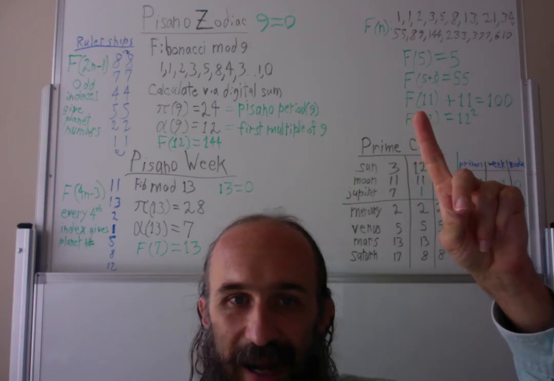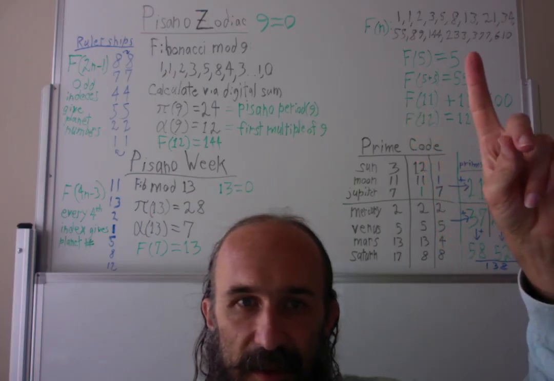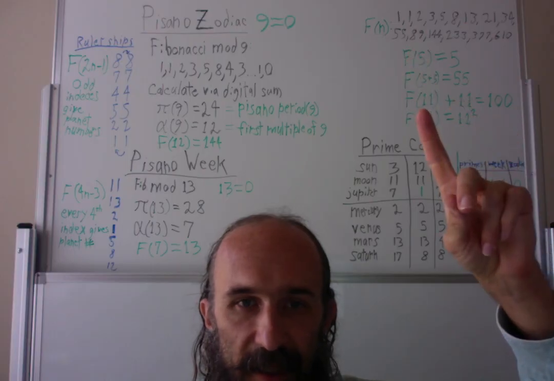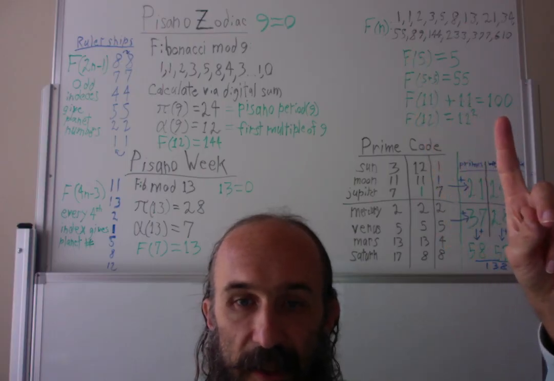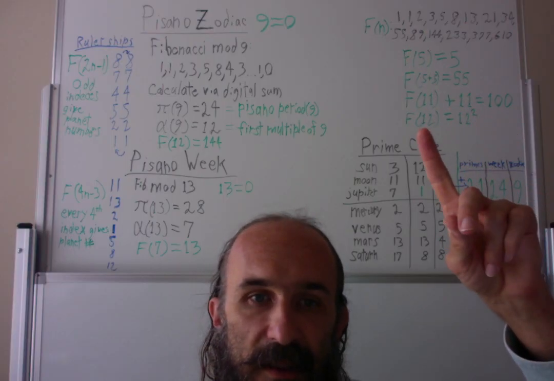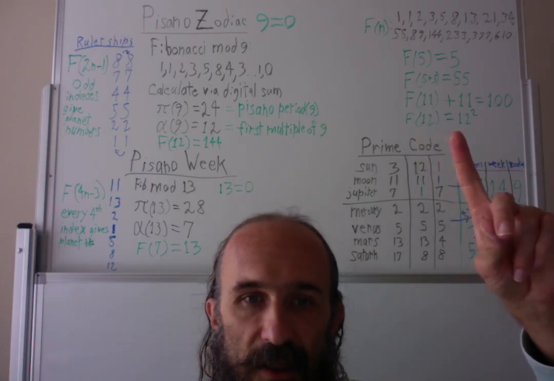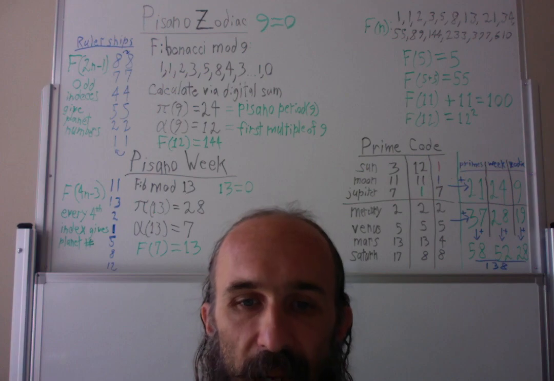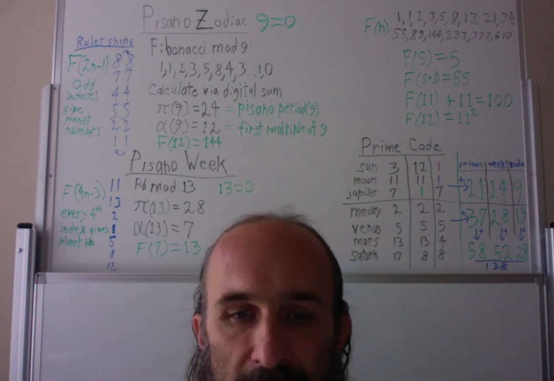F of 11 is 89. We see up here, you add 11 to 89, f11 plus 11 is equal to 100, and f of 12 is equal to 144. I like those Fibonacci numbers. Do you like those Fibonacci numbers?